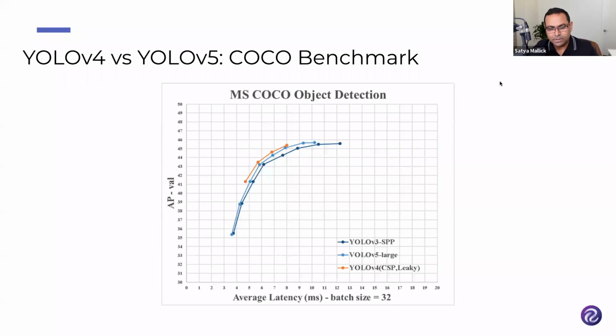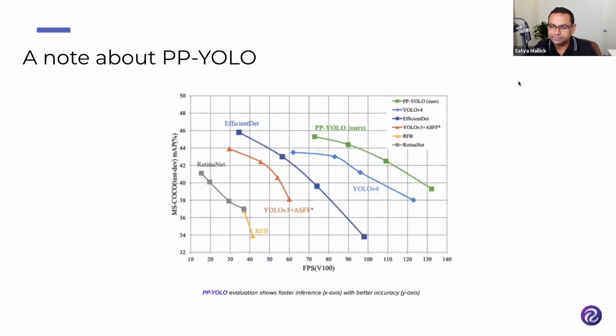All right. So do we have any examples of training one of these models that we can go over quickly? Yeah, I do want to give one quick shout out to another architecture, and it's often not considered. So there's another architecture called PP-YOLO, and it stands for PaddlePaddle.